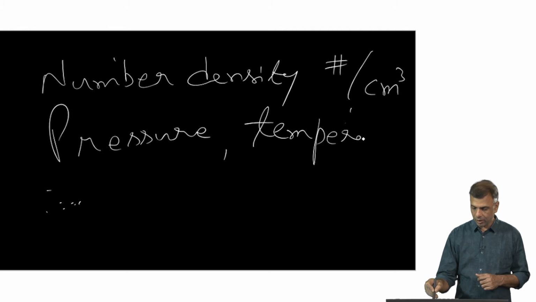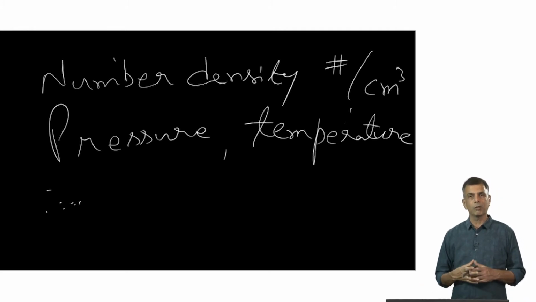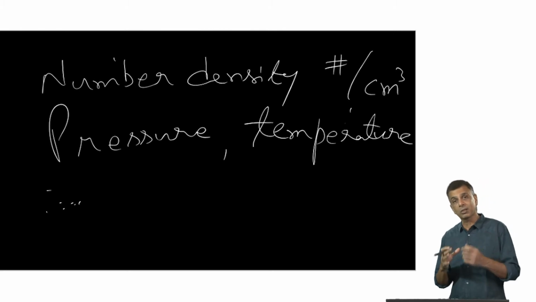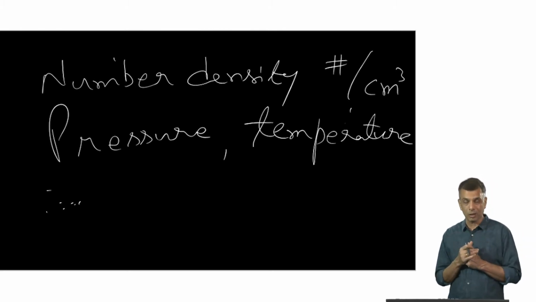These are familiar things to you when you talk about fluids. It makes sense, for instance, to talk about the temperature of gas in this room, or the number density of gas in this room. Either it's so many particles per cc, or something else, in which case you make a comment about whether the gas is dense or not so dense, whether it's hot or not so hot.